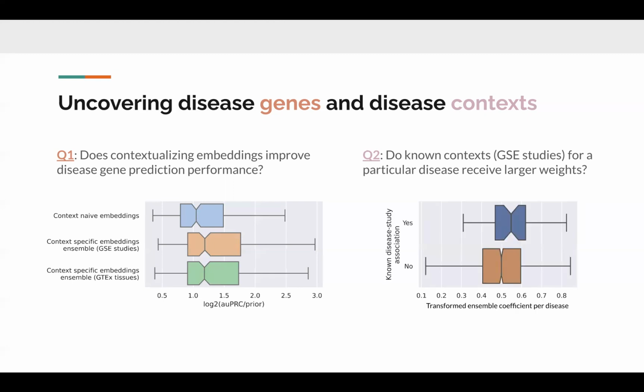We then transform the coefficients so that they are at a comparable scale and compare the transformed coefficients for the studies that are known to be associated to a particular disease and those for other studies. We can see that indeed, for a particular disease, the known disease contexts are being upweighted.